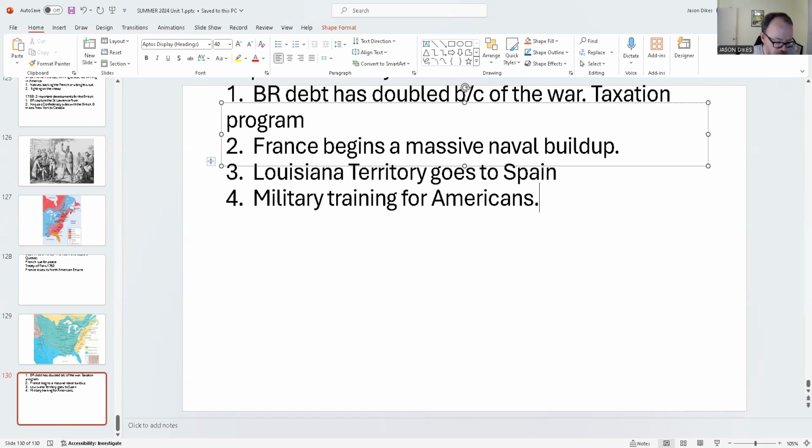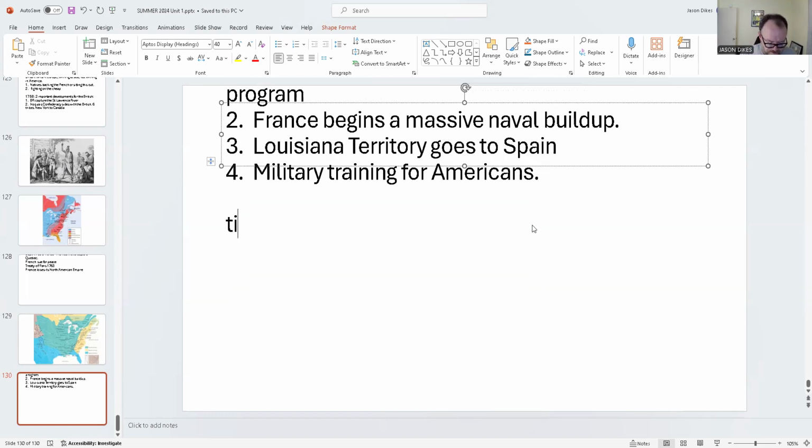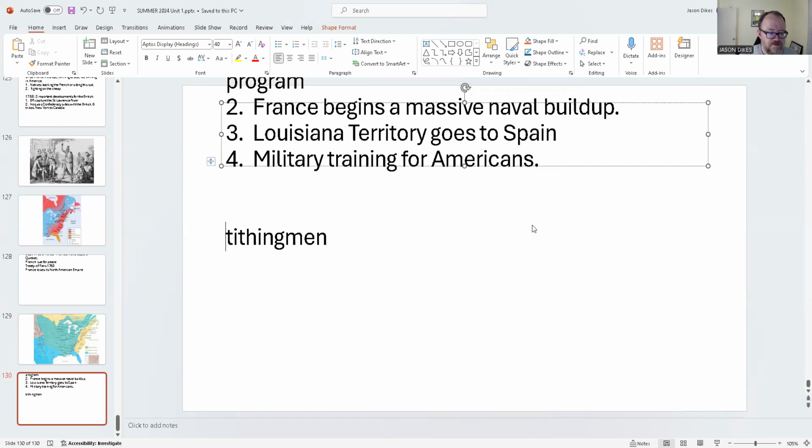Okay. If you have any questions between now and then, please be sure to hit me up. One thing I forgot to talk about in class, it's talked about in your reading, are the tithing men. If you go back to the section on Puritans, the tithing men were basically church leaders.